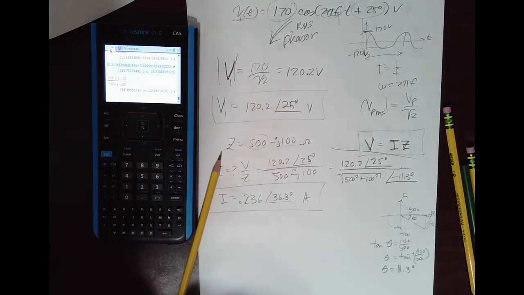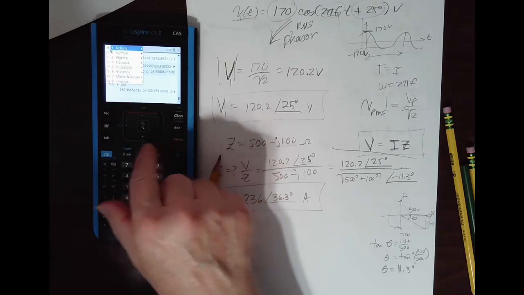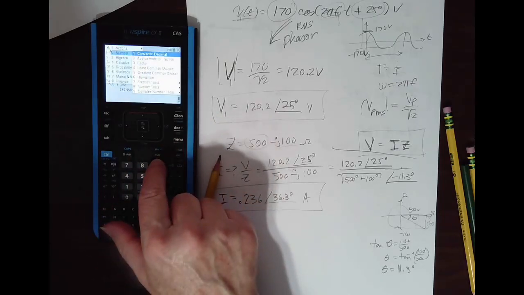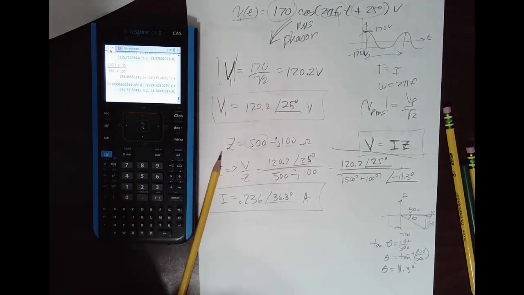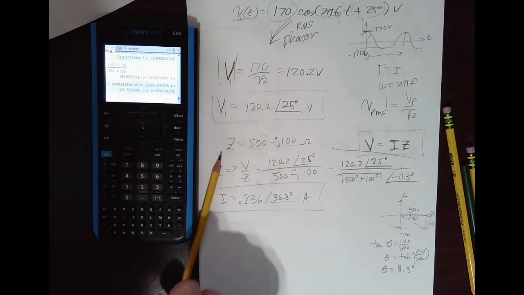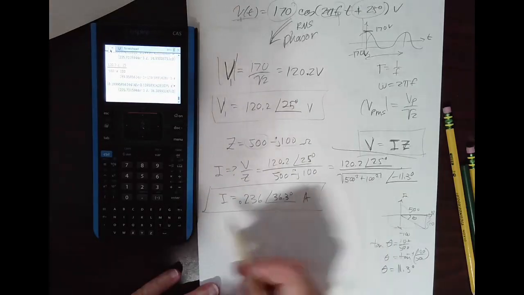Try that again. And then convert it to polar. There we go. All right. 0.236, angle of 36.3 degrees.